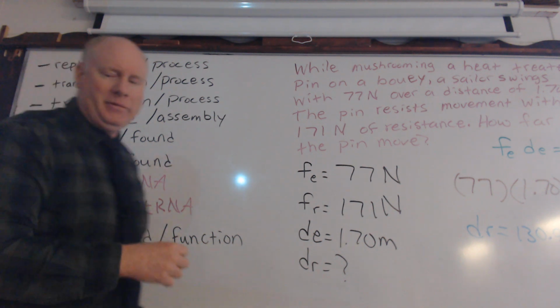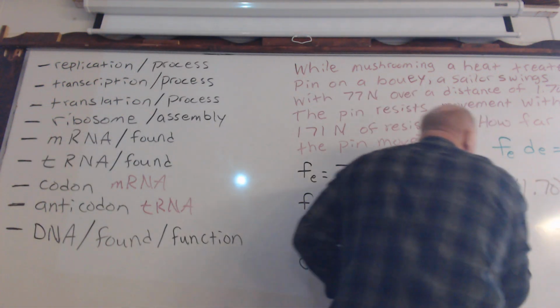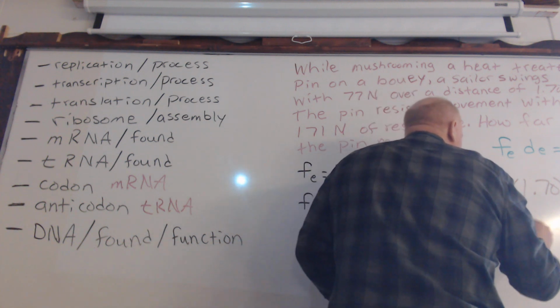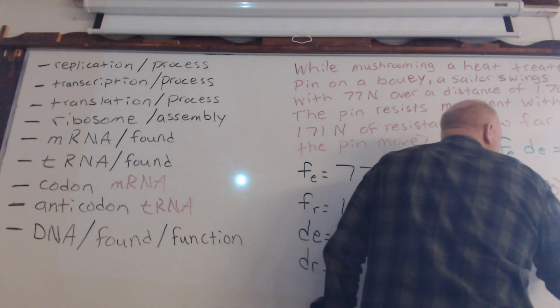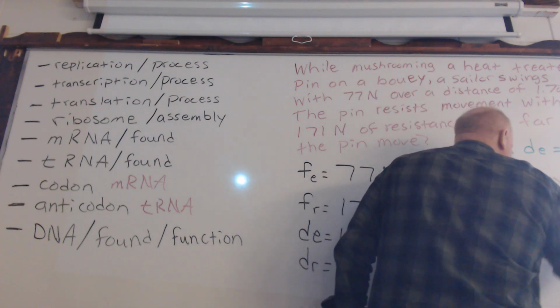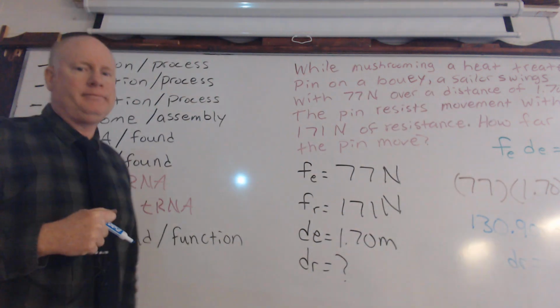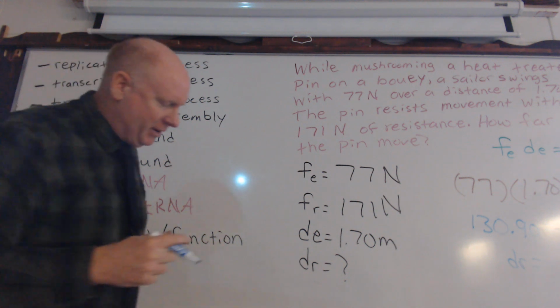I thought you were giving me the answer. No. Okay. You're saying this is 130. So then what's on our right-hand side? Equals 171. Okay. So then distance resistance equals what? 0.777. That's a lot better. Okay.